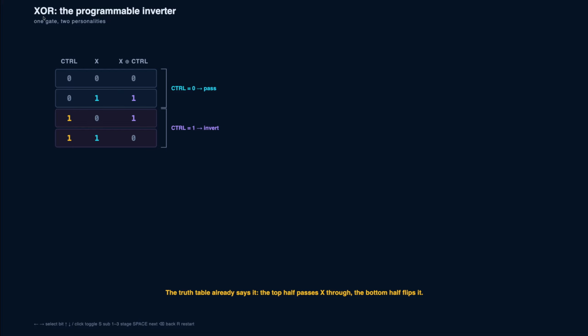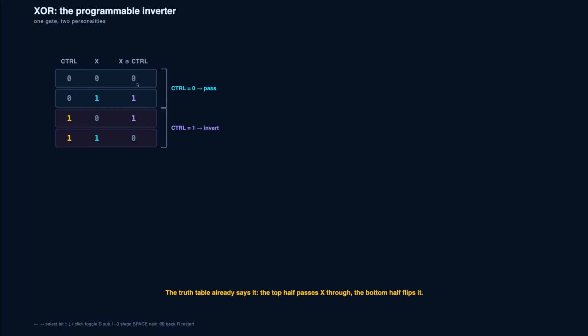One of the things I think of is that an exclusive OR can be used as essentially a programmable inverter. By that I mean you have a control signal. If I make the control signal a 0 and I have an input, with two possibilities, x equals 0 and x equals 1, the output of the exclusive OR would be 0, 1.